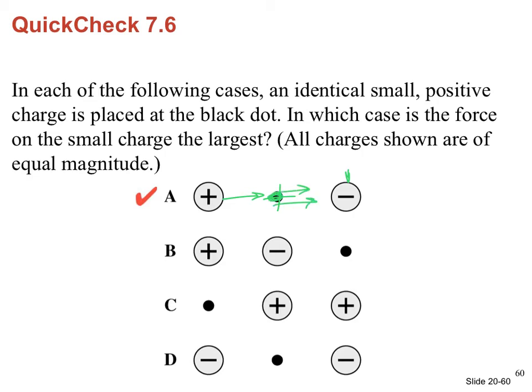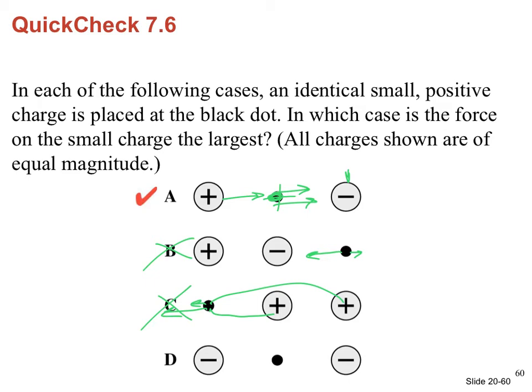In case B, I have an attractive force, and if it's a positive charge, I have somewhat of a repulsive force. It should be 1/4 the size because it's twice the distance away, so that's not going to be the most. C, well, I have a repulsive force, a small repulsive force for this guy, a large repulsive force for this guy, but not quite as powerful as A.